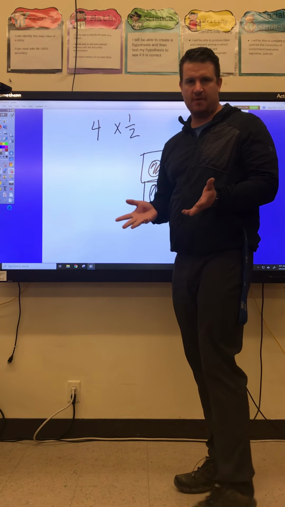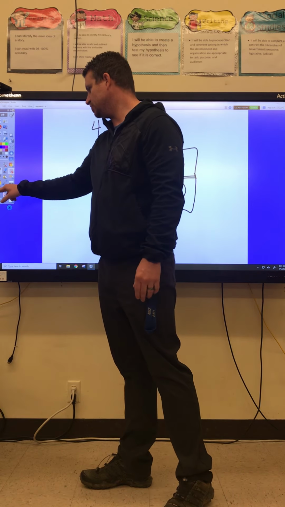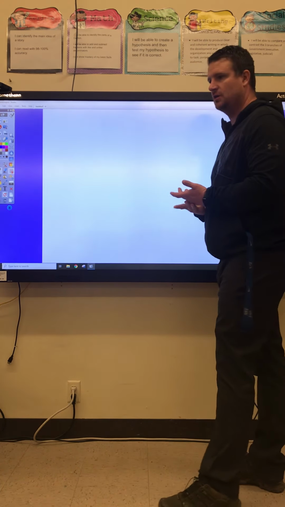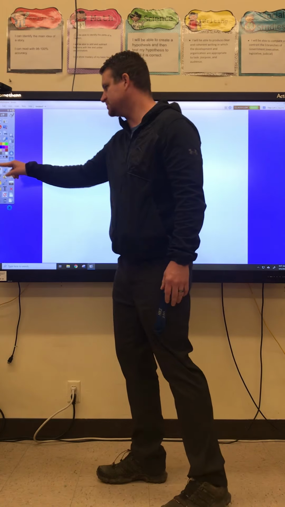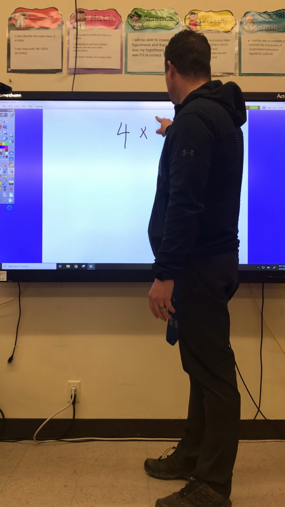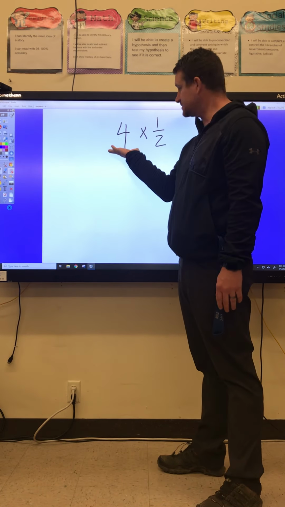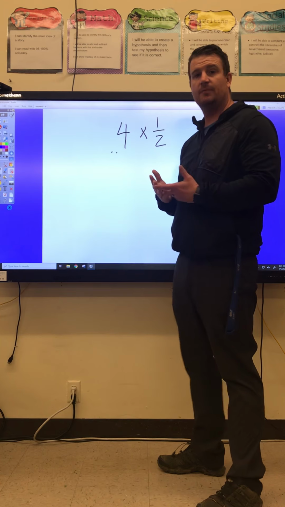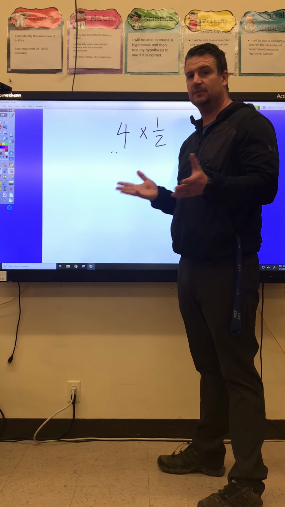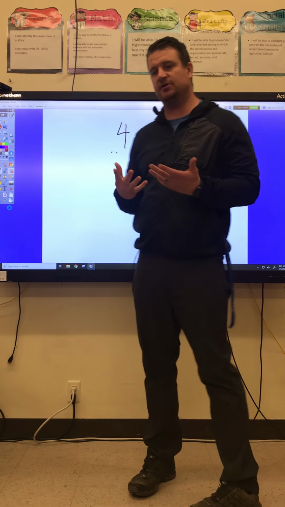So with those visual methods, it leads us into our next thing, which is the algorithm, or what you say to actually multiply. Now, when we see this, we can't multiply it yet because the 4 does not have a denominator. But as we said in the last one, any whole number can have a denominator.